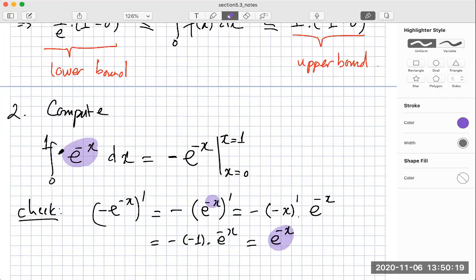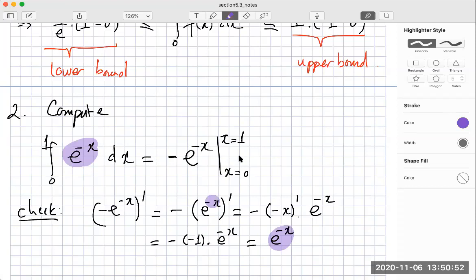So our antiderivative is good. That is how we can check it. If you do not remember some formulas, go home and review them. So can you all follow it? People on Zoom, do you have any questions? Nope. Thank you. Okay, it's clear, right?